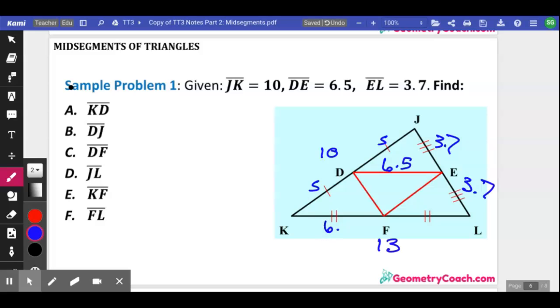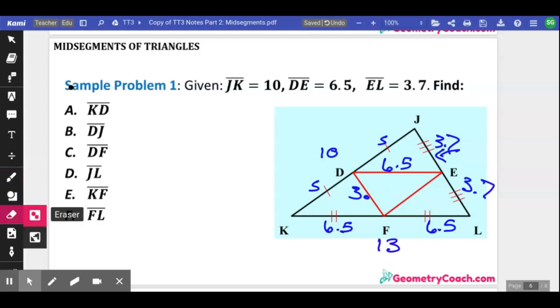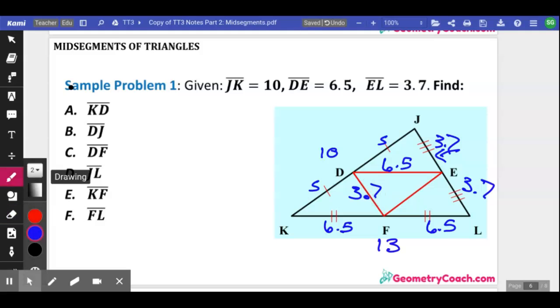And these two parts, KF and FL, will both be 6.5. With that same pattern, 3.7 goes over to DF. 3.7, not 3.5. And the 5 goes over to FE. Okay, so fill those in.